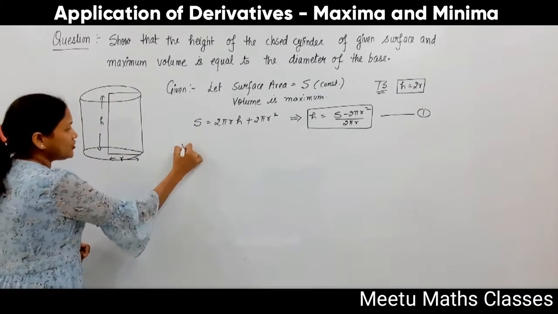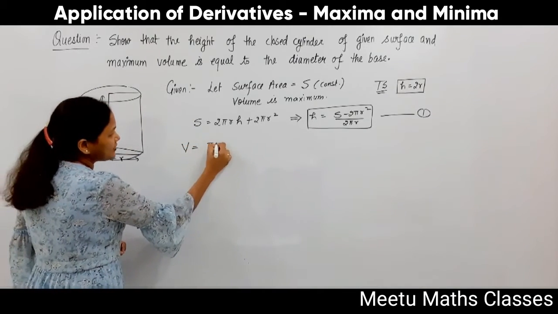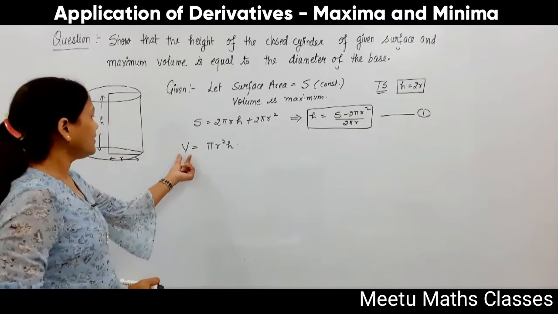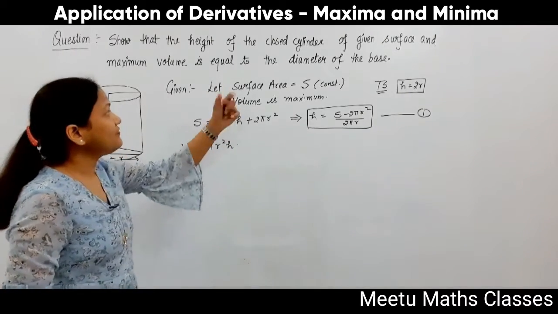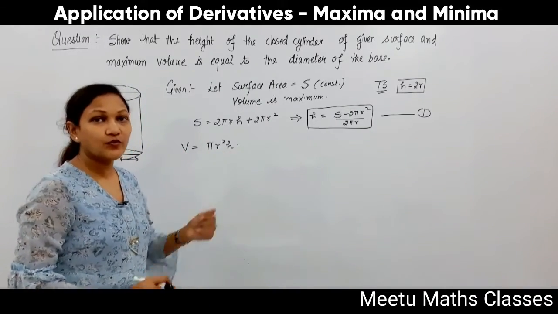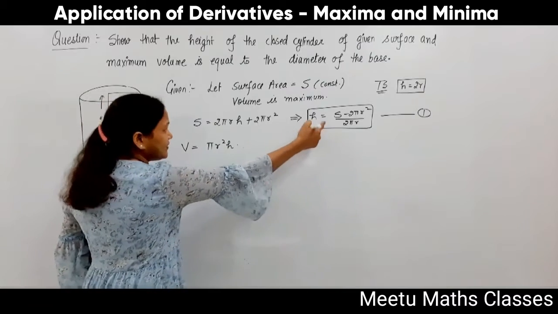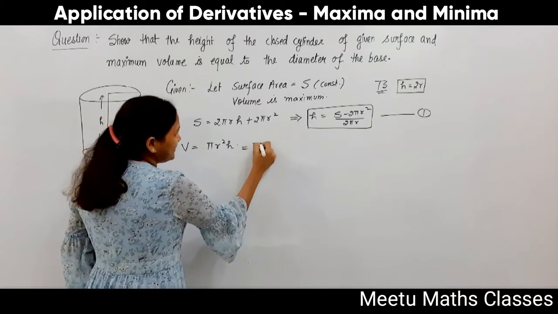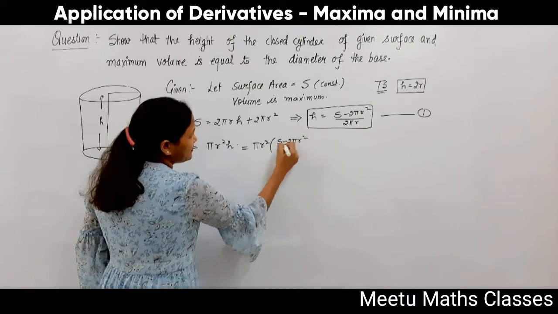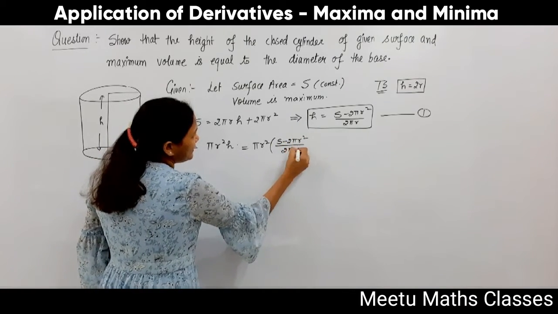Now consider the volume function, and the volume function is pi r square h. But to find the maximum value of the volume function, your volume function is in two variables. So replace h by this: pi r square times S minus 2 pi r square upon 2 pi r.